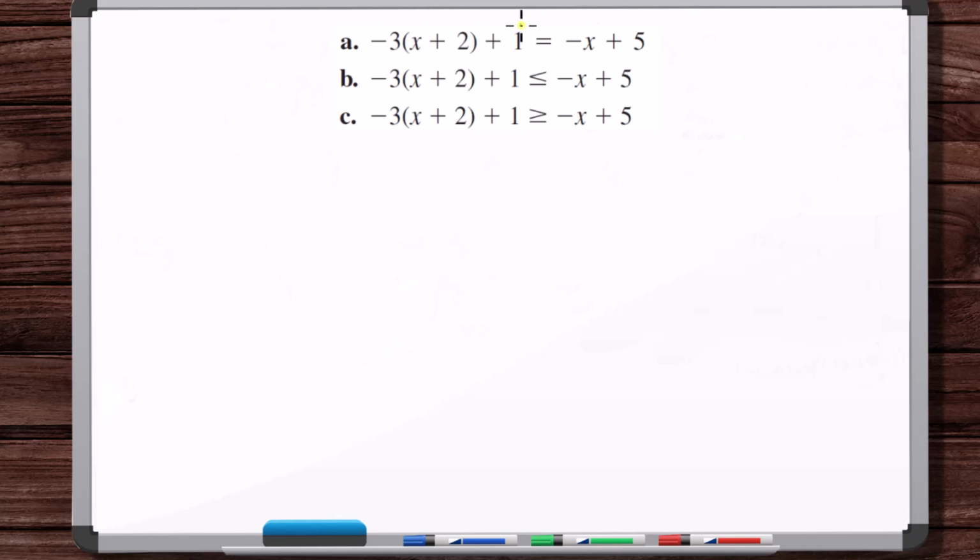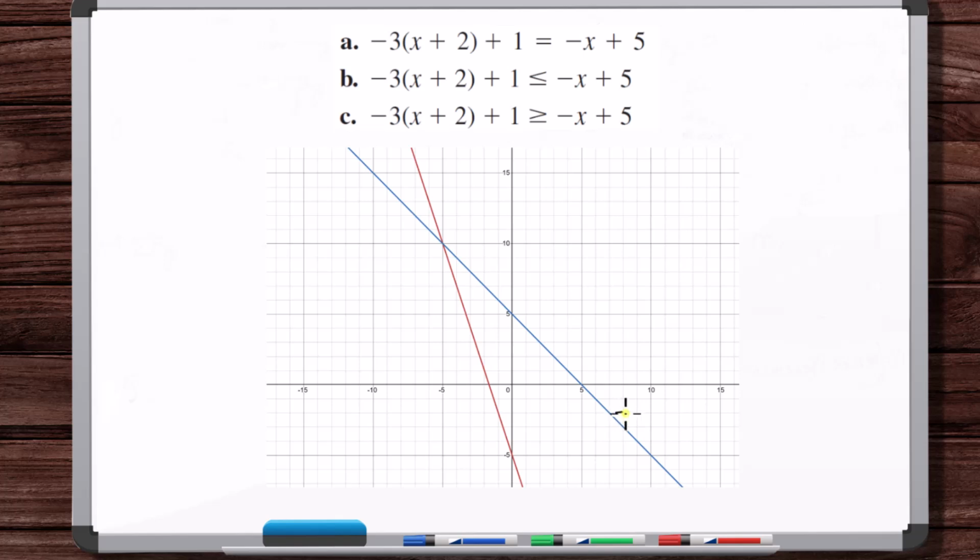One graph is going to be this here, and another graph is going to be this here. The blue is minus x plus 5, and the red is minus 3x plus 2 plus 1. So there's where these are equal, at x is equal to minus 5.